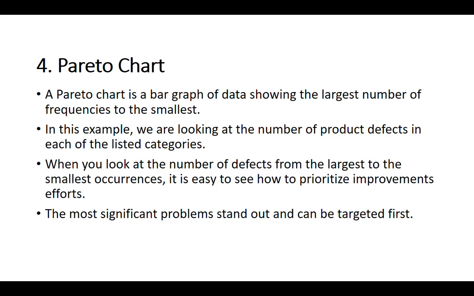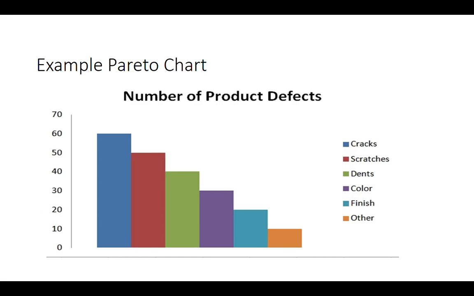Those are defects. That's what you see there, for example, number of defects by cracks. You see there are more cracked products than, so we have cracks, we have scratches, we have dents.